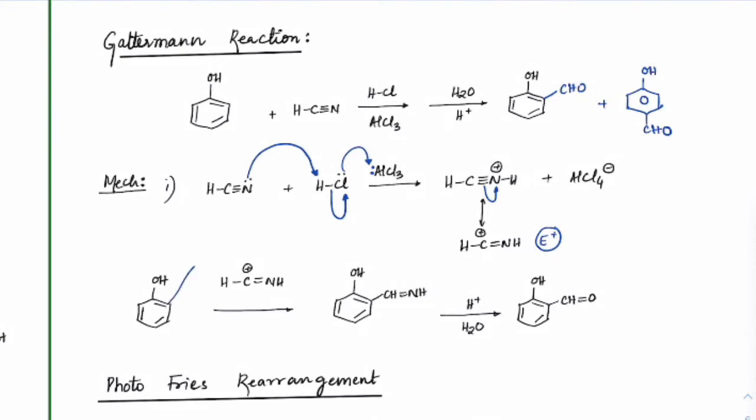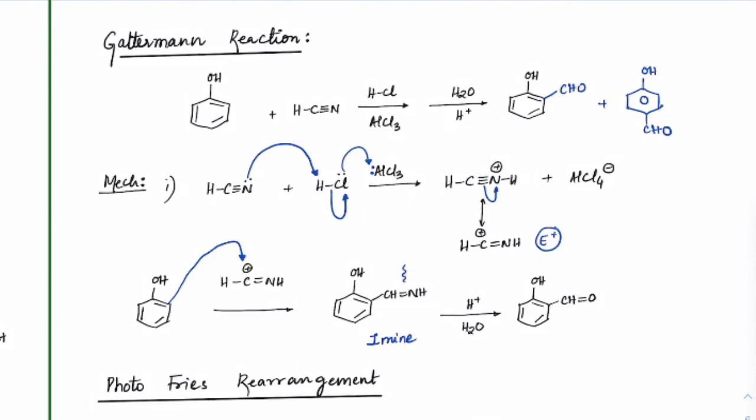Again the same reaction, electrophilic aromatic substitution. So pi would attack there, and as it attacks, you can see I am directly writing the step now. I am not writing the elimination step. So we would get this as CH double bond NH. This is the imine form. So this is the phenolic imine form on which hydrolysis has been done.